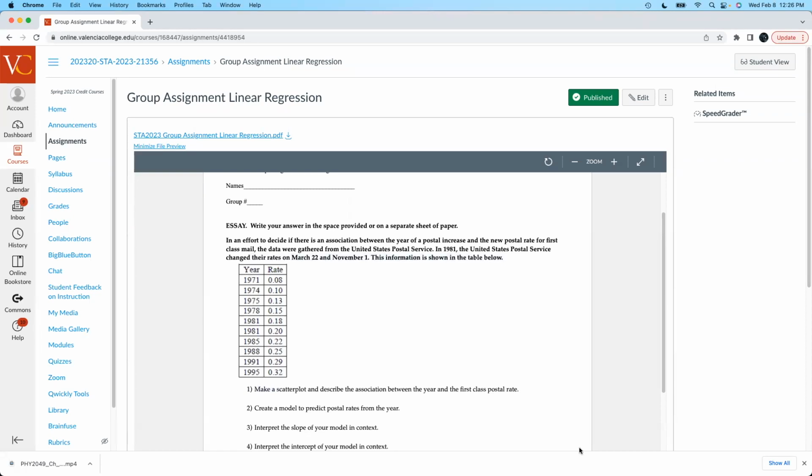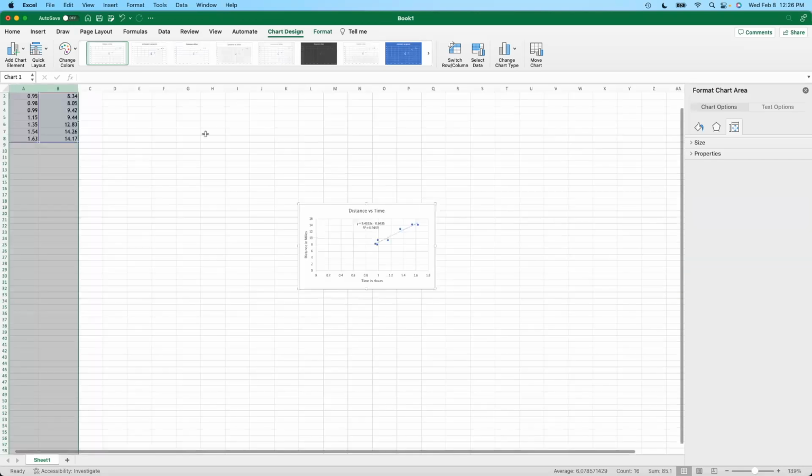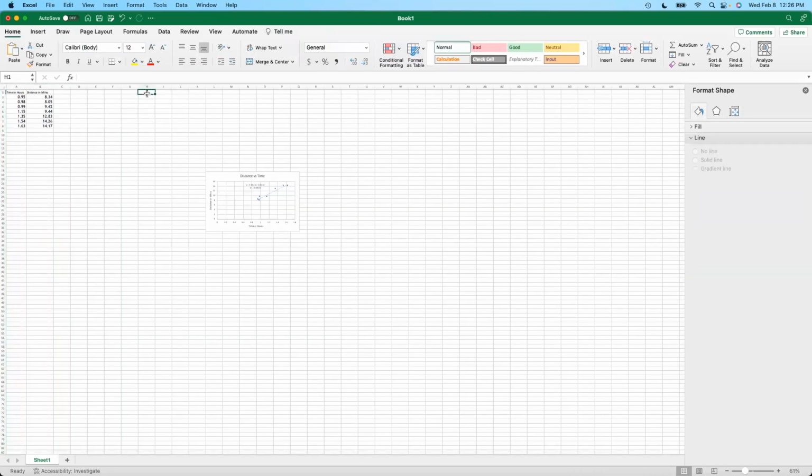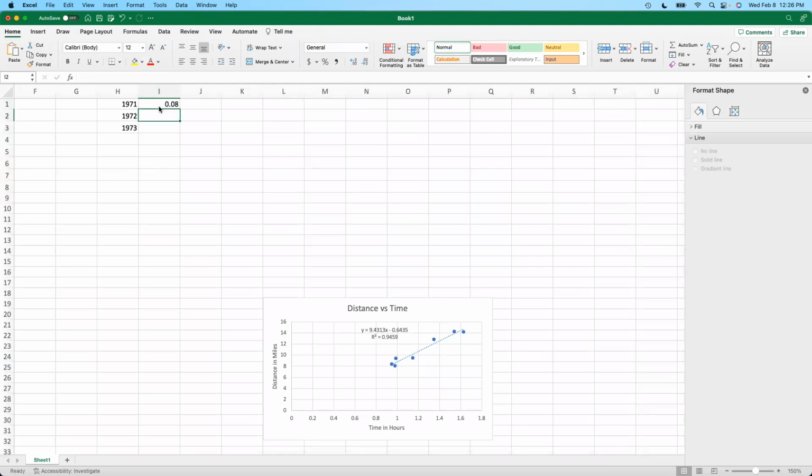If you were to type all these in, let me show you. So like 1971 to 1973, and then whatever the numbers were, I'm making up my own numbers here, but maybe I put one more in, 1975 and 0.13, whatever.